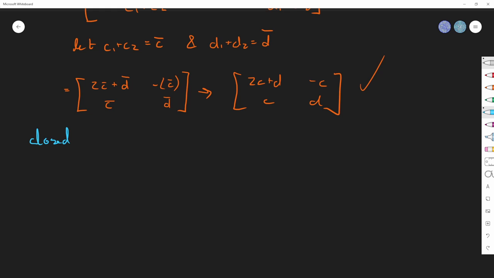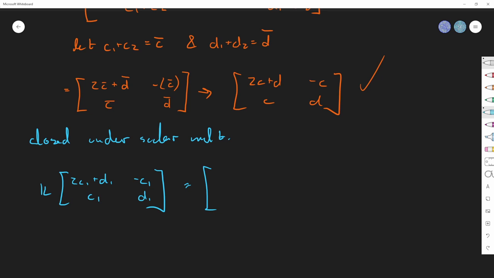Under scalar multiplication, we're just going to use C1. So we have 2C1 plus D1, C1, then negative C1 and D1, and we're going to multiply it by some constant K. This is going to be equal to K times 2C1 plus D1.